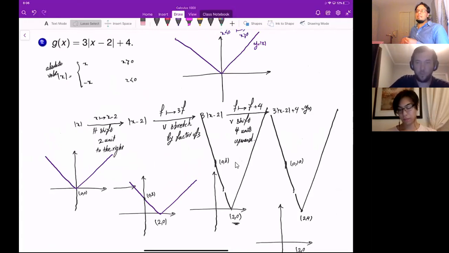The point is that in any order you want, you can do these transformations. But you have to be careful. If you change the order, you may need to change the transformation itself. So I'm not going to give you any order.